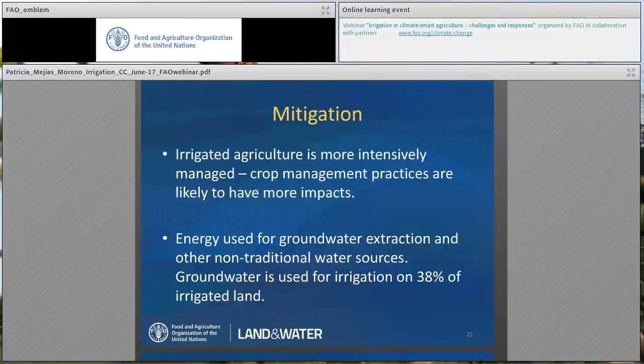So energy consumption for groundwater can be significant. For instance, in India, it is responsible for 4 to 6% of the national total emissions. To reverse this impact, many countries are now using renewable solar energy for irrigation, but these systems also have the potential to deplete aquifers, so they need to be regulated.